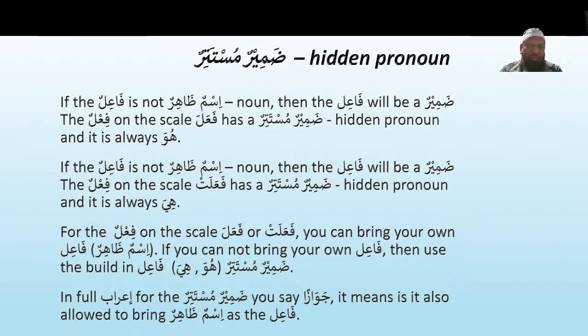The fa'il on the scale of fa'ala has a damirun mustatirun, and it is always huwa. Okay, always huwa.